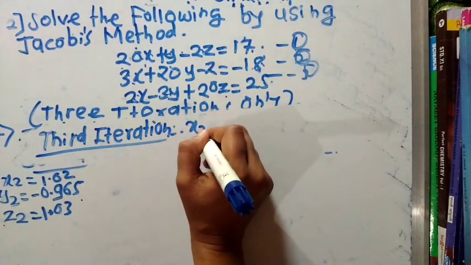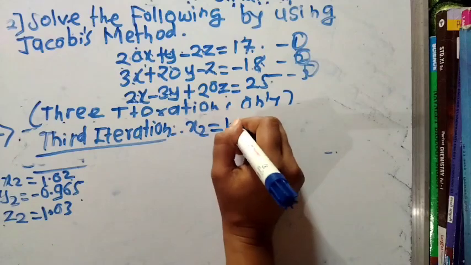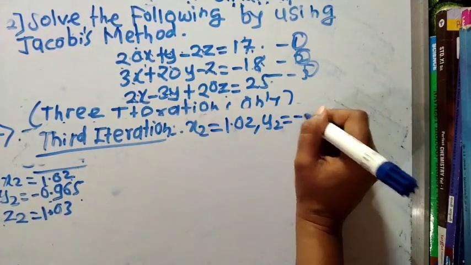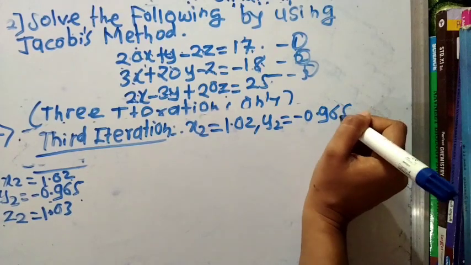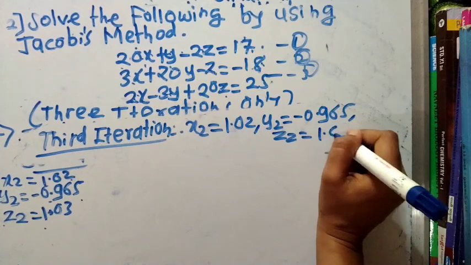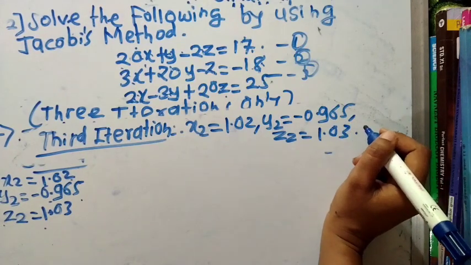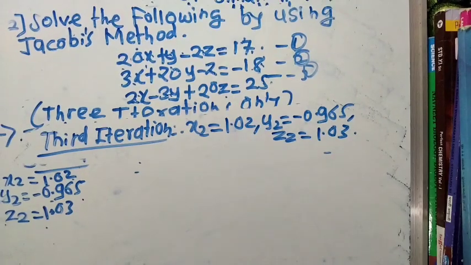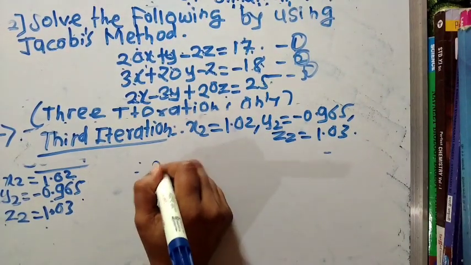Here x2 is equal to 1.02, y2 is equal to minus 0.965, and z2 is equal to 1.03. So first find out x3.